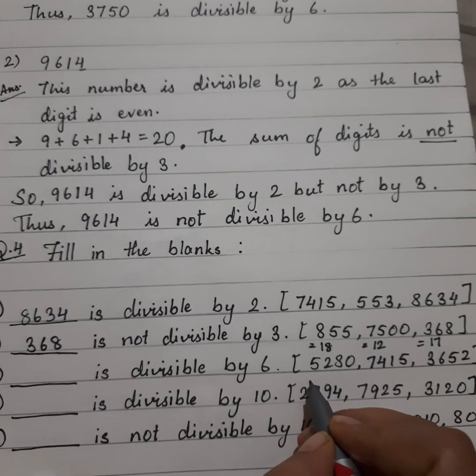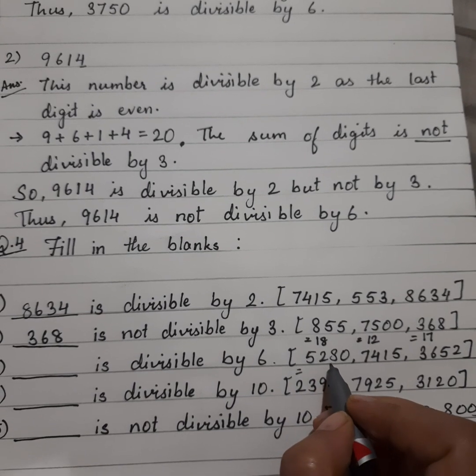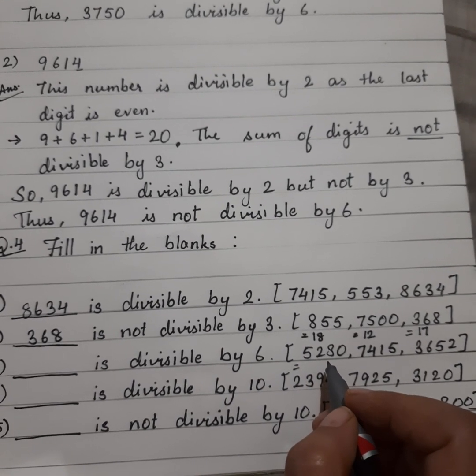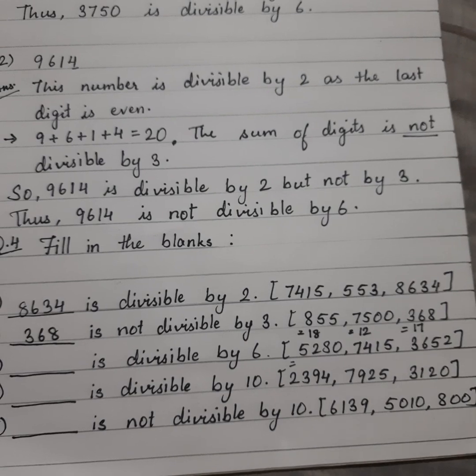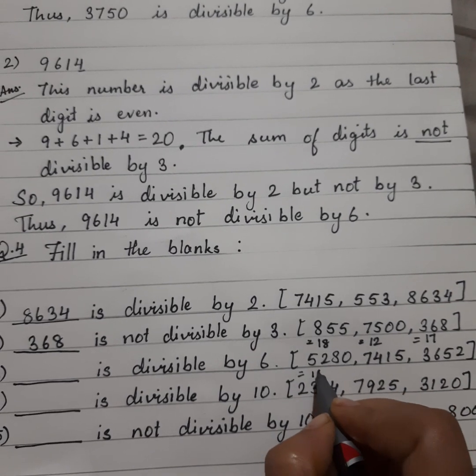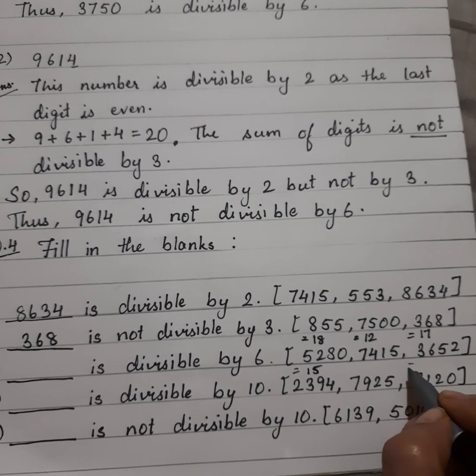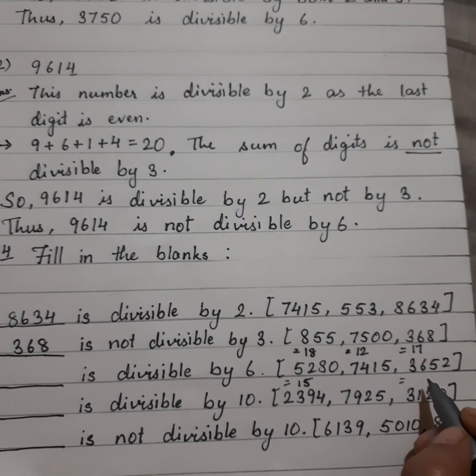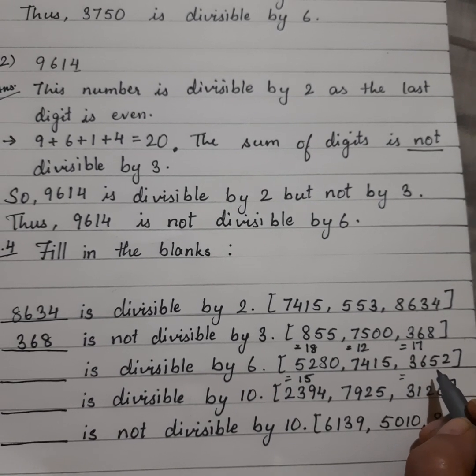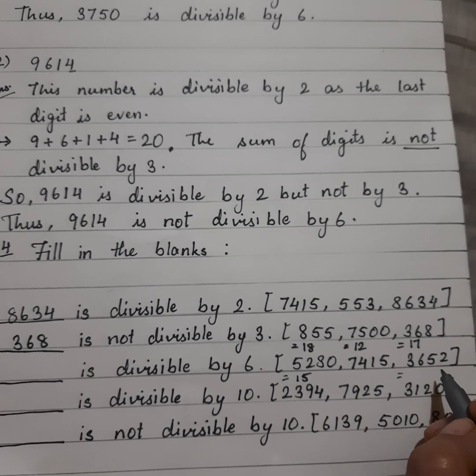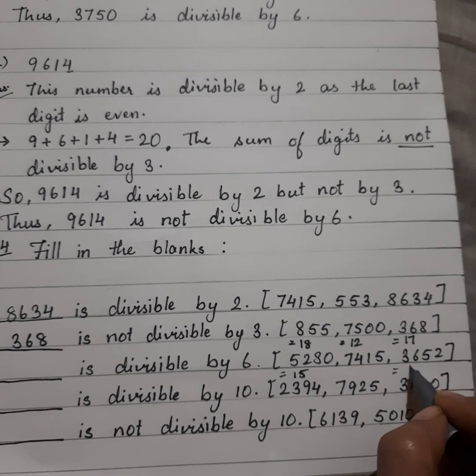So let's do it. It is 5 plus 2, 8. 5 plus 2 plus 8 is 15. And here 3 plus 6 is 9, plus 5 is 14, plus 2 is 16.